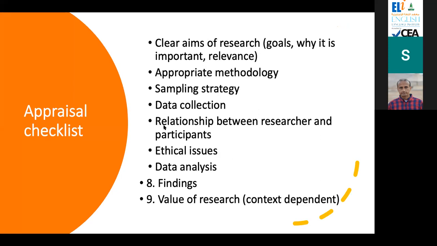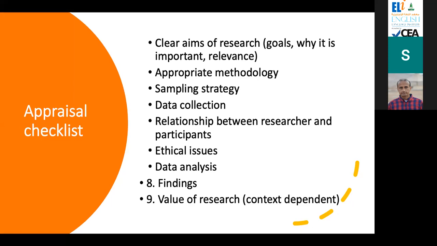Many research studies don't have this particular important information, because it affects the findings of the study, and it affects the rigor of the study as well. Like, what is the relationship between the researcher and the participants? Sometimes it happens that the researcher and the participants are colleagues.